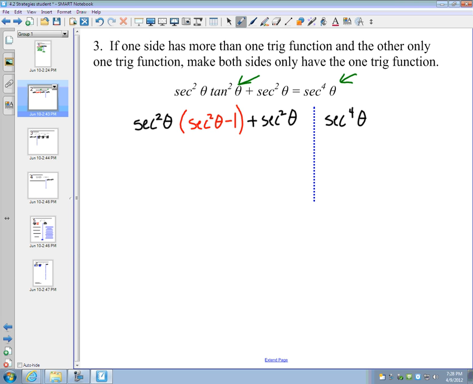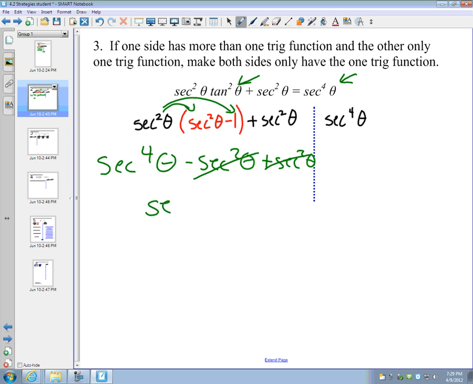And I saw from my sheet that tan squared is the same as secant squared minus 1. Now what I'm going to do is I am going to distribute. I get secant to the 4th theta minus secant squared plus secant squared theta. Well, I have minus secant squared plus secant squared, that's just 0. So I get secant to the 4th theta, which is what I wanted to do.